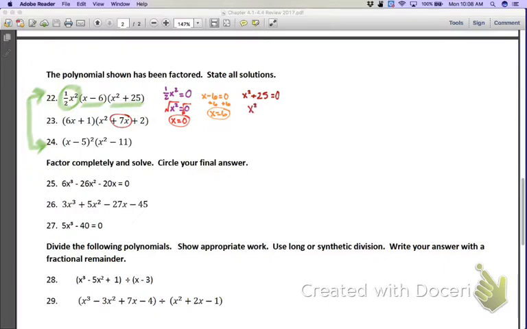Subtract 25. So I have a negative 25. Now, how do I get rid of the square? Square root. So then I have x equals, what's the square root of a negative 25? Plus or minus 5i?